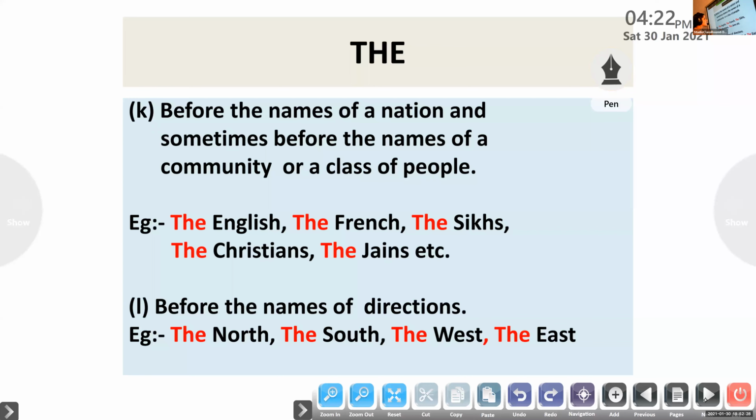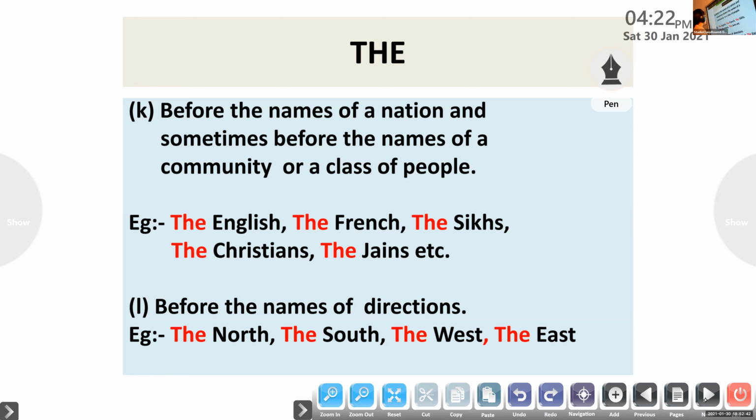Okay, two more points, then I'll be winding up the session. Only two more points, children. Before the names of community or class of people. When you mention the names of community: the French, the Hindus, the Sikhs, the Christians, the English. These are the names of communities, a class of people.